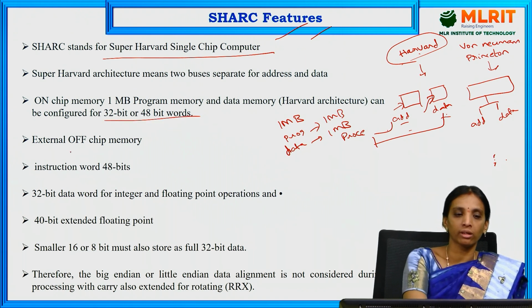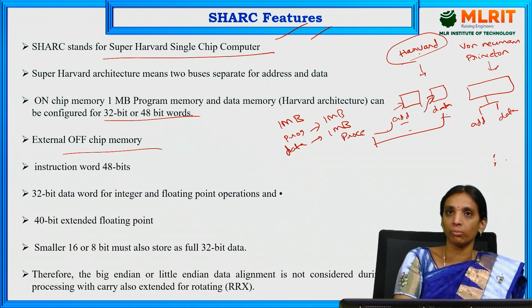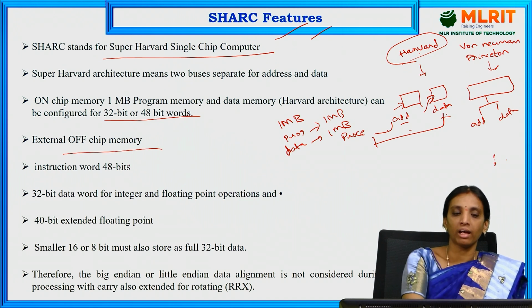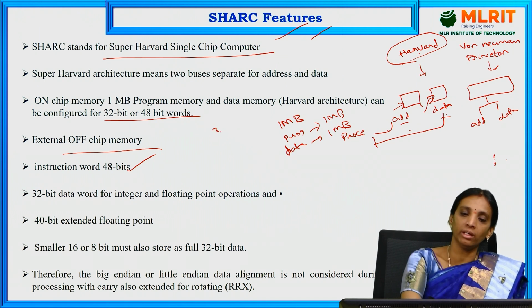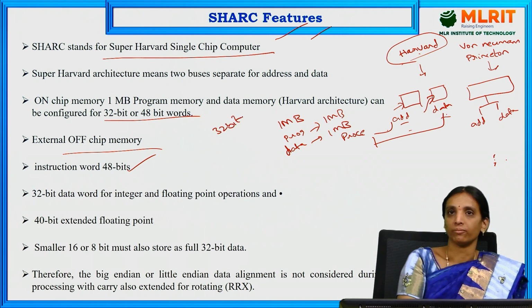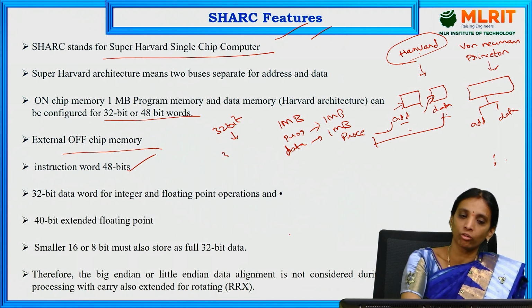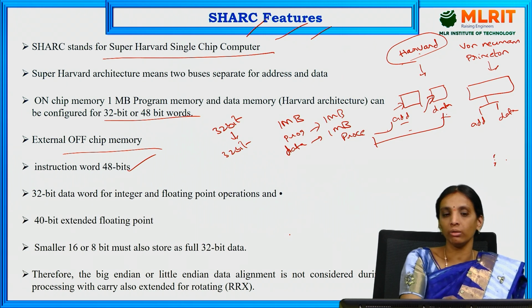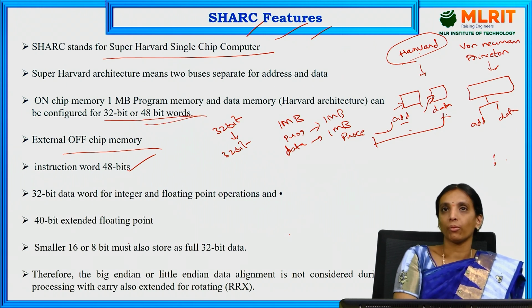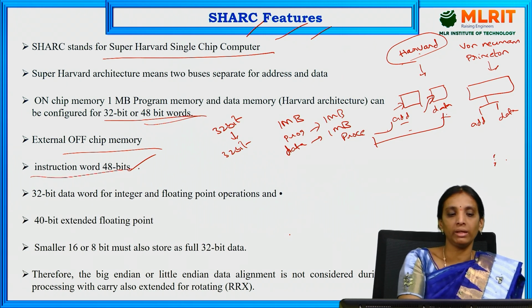Here external off-chip memory is also available in this processor, and it has an instruction word of 48 bits. As we saw, the ARM processor has 32-bit capability: 32-bit instructions and 32-bit data. But in the SHARC processor, we have 48-bit word processing capability and 48-bit instruction words.